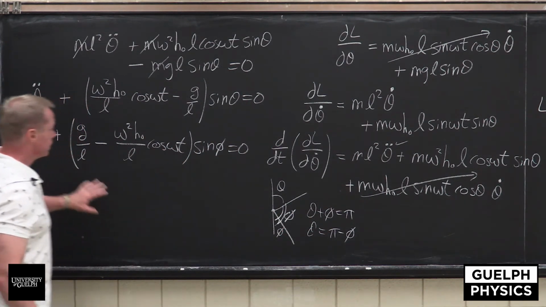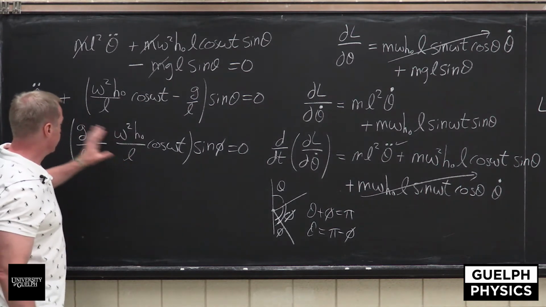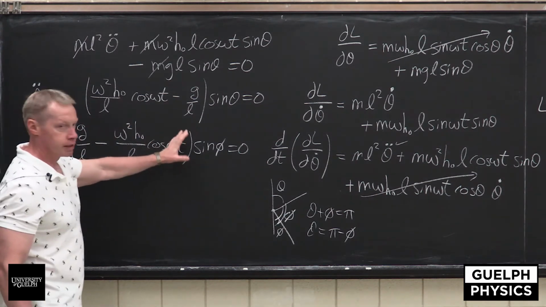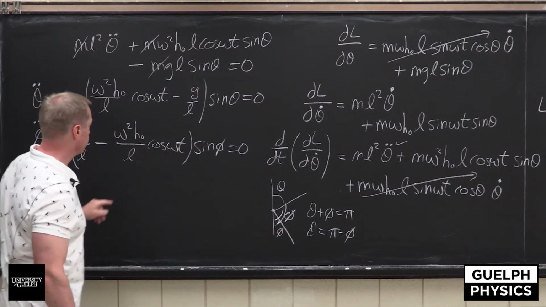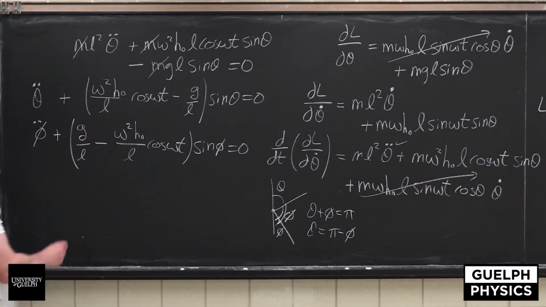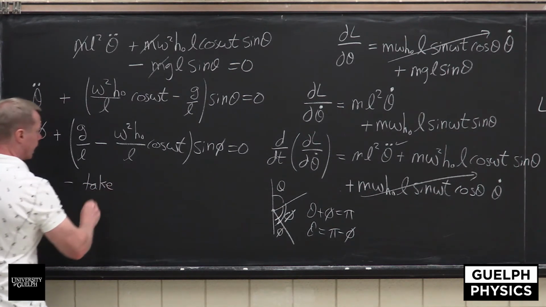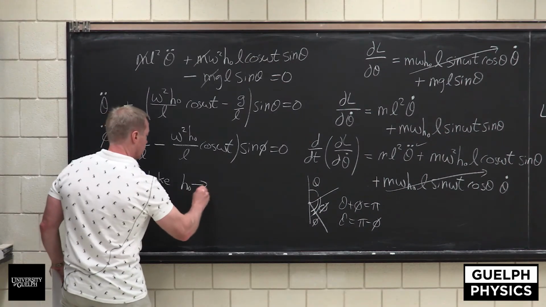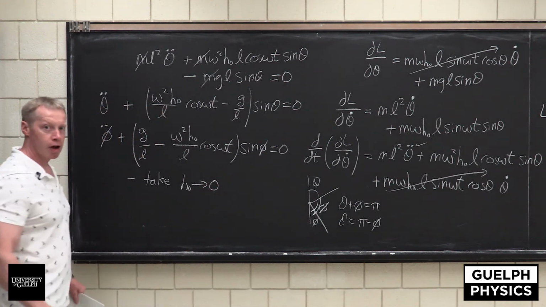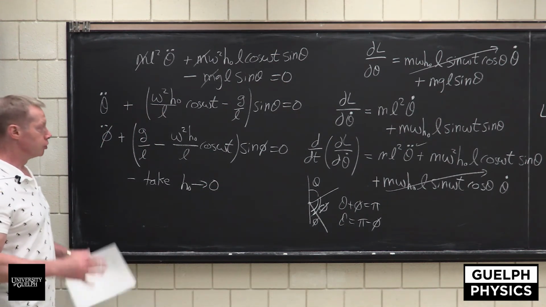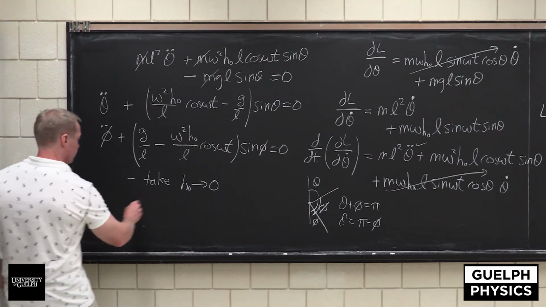So at this point, we could go ahead and solve this equation. It's a nonlinear equation. But let's do the little sanity check. And let's take this amplitude h naught going to 0. Do we get back what we expect to get back?